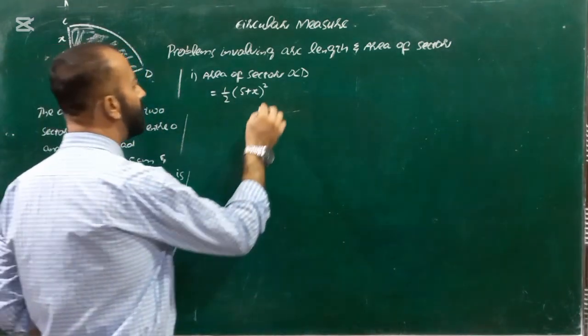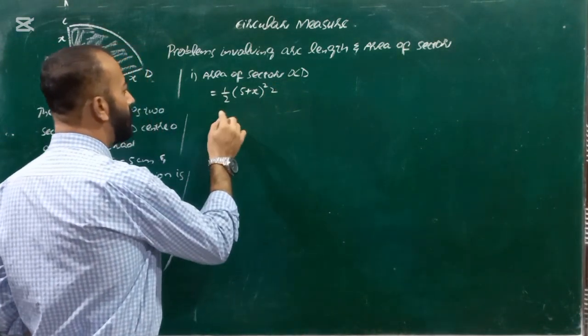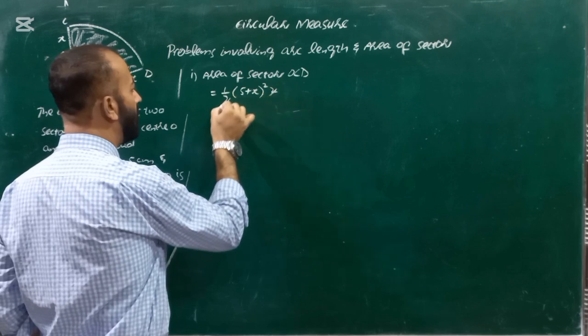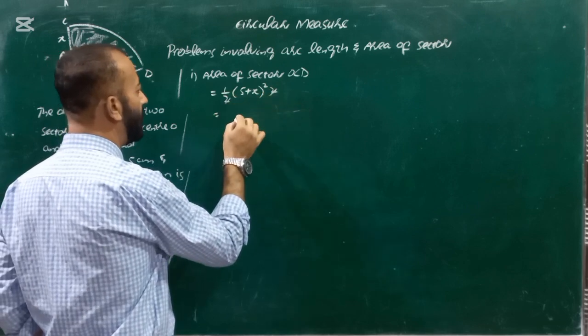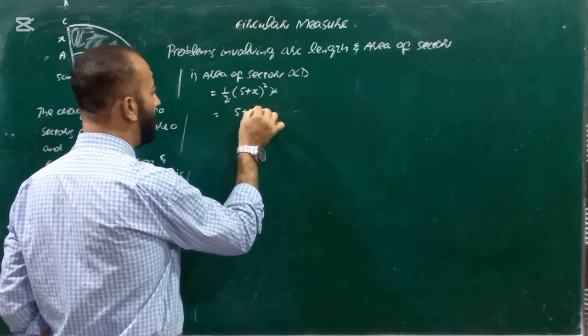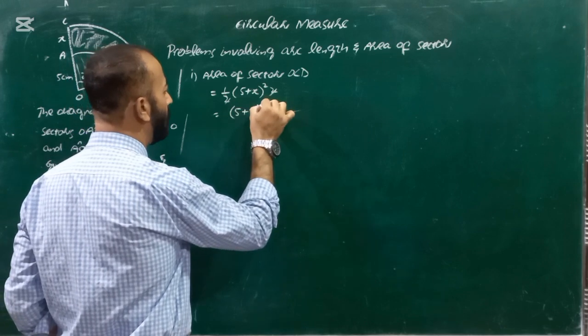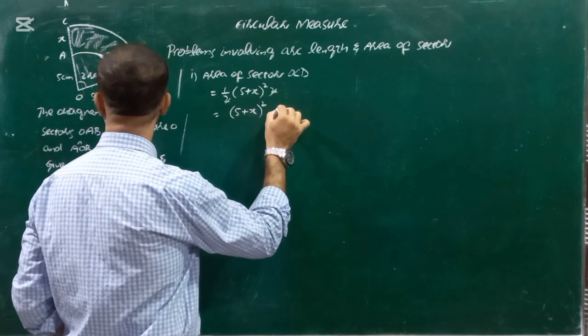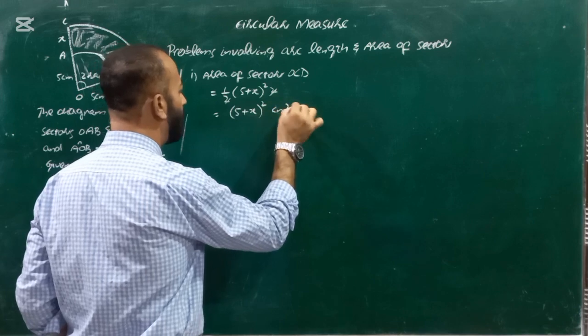Theta is 2 radians. So 2 will be cancelled by this. So this will be the remainder thing. Okay. First write it as it is because it will be open later. So centimeter square is the unit.